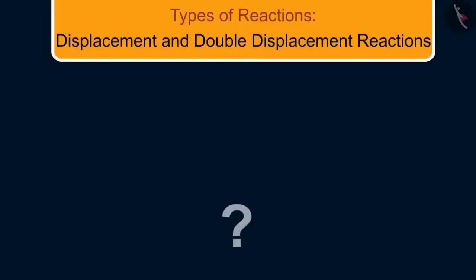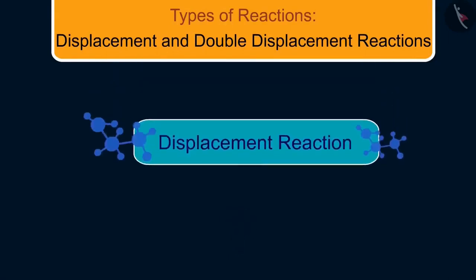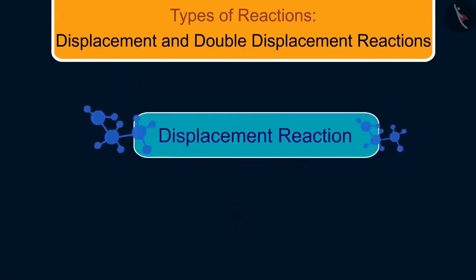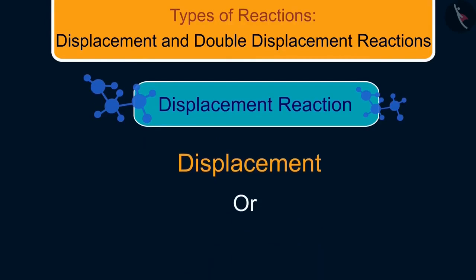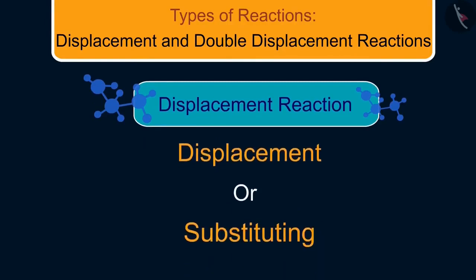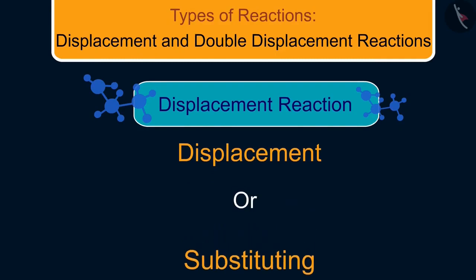Let us now begin with our first topic, which is displacement reaction. So, the word displace tells us that it means we are displacing or substituting something, right? So, how do we define displacement reactions?